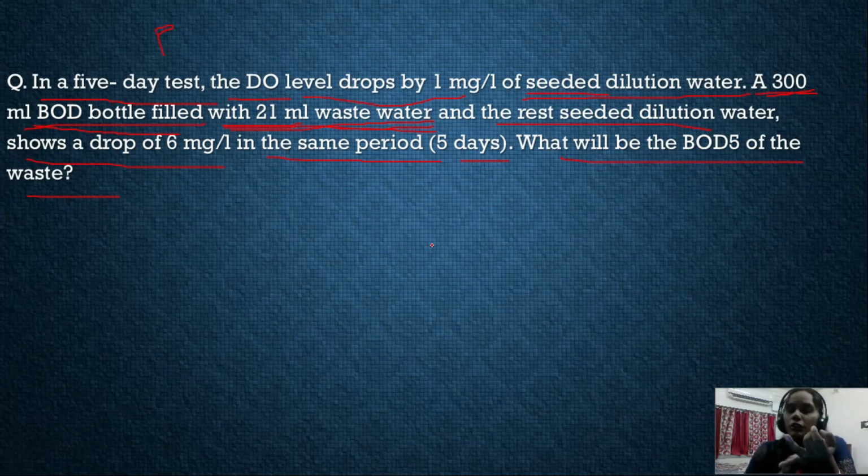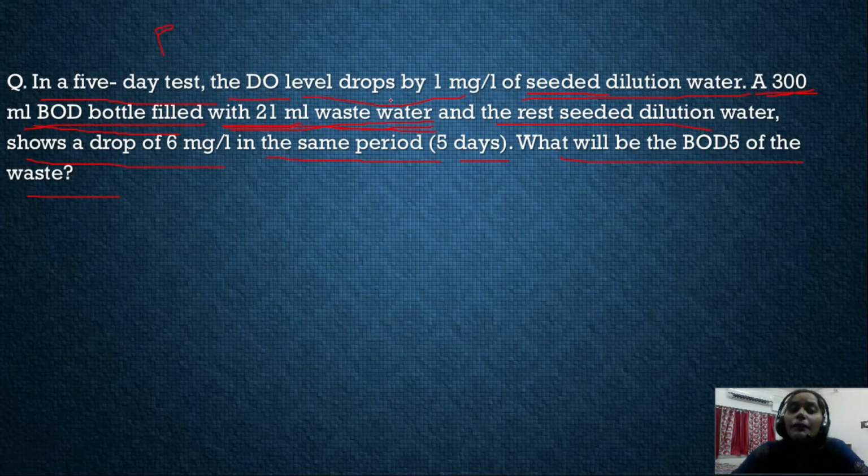We require dissolved oxygen for the decomposition of the biodegradable waste materials, and we also require microorganisms. So seeded water means additionally, from the outside, we are seeding the water with microorganisms to complete the reaction. That is why here it is called seeded dilution water. That means in the water we have added some microorganisms to complete the reaction. Understand?